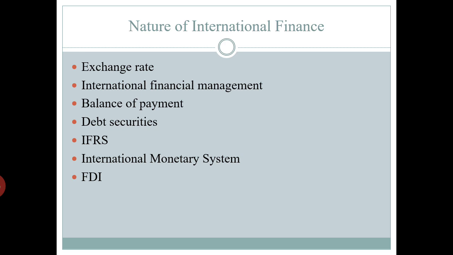Balance of payment is just a statement through which the transactions made between the entities in one country and the rest of the world are noted. Balance of payment includes both current account and capital account.